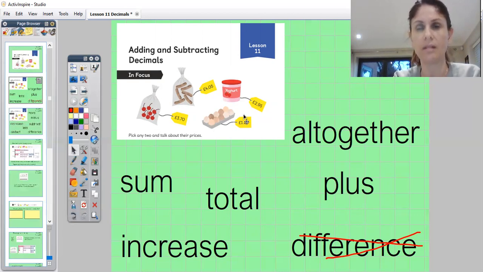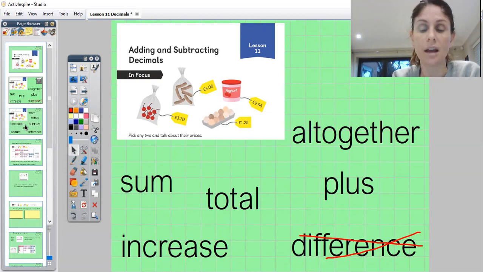They're selling out and we can't get them as quickly as we need to. The supermarket thinks, oh, I can make a buck here. So they say the price of our eggs has increased by 30 pence. So then I'm going to have the cost of my eggs plus 30 pence. So that might be where I use increase. The price of the eggs has increased by 30 pence.